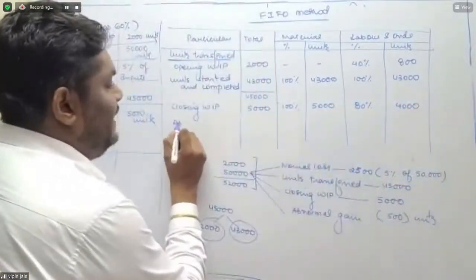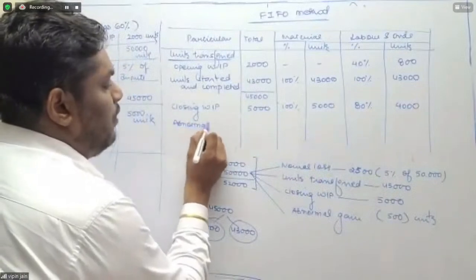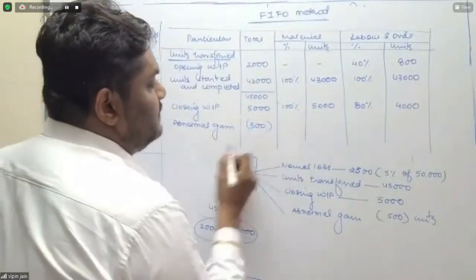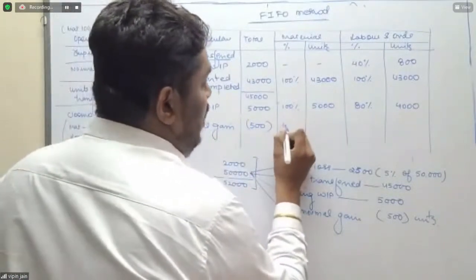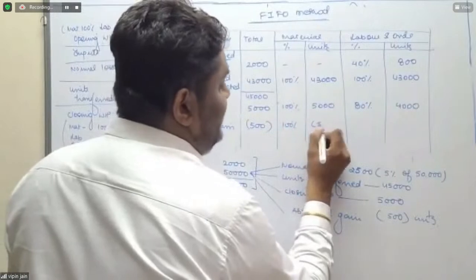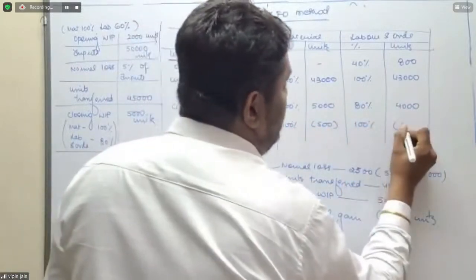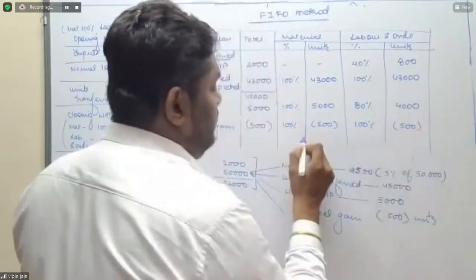Now abnormal gain, this is of 500 units, so 100% complete in respect of material, and assuming 100% complete in respect of labor also, so 500.